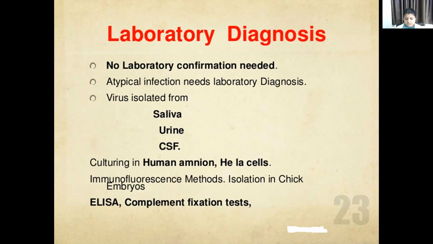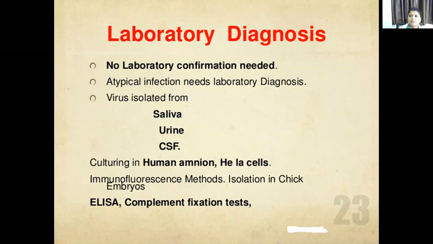If you look at the laboratory diagnosis, the samples that we collect for the diagnosis of mumps are saliva, urine, CSF, and nasal swab, mainly saliva, urine, and CSF, sometimes nasal secretions also.